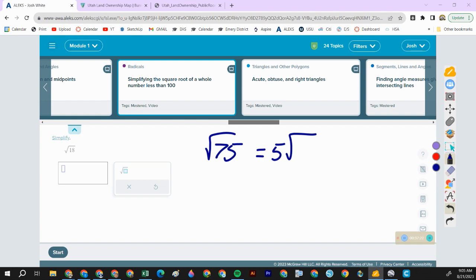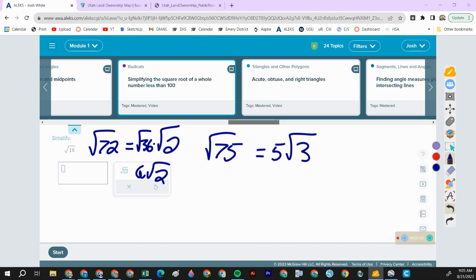If you had quarters, how many quarters are 75 cents? Would be 3. Okay. What about the square root of 72? 36. Yep. So the square root of 36 times the square root of 2. So that simplifies to be 6 root 2.